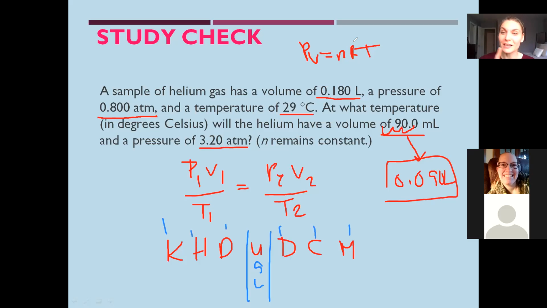Depending on what way you're trying to hit the unit, you're either going to move to the right or to the left. If you're going from milliliters to liters, you move 1, 2, 3 places to the left. If you were going from liters to milliliters, you'd move 1, 2, 3 places to the right. It makes life a lot easier.